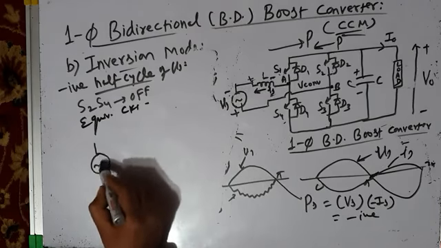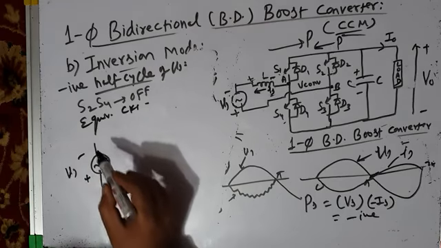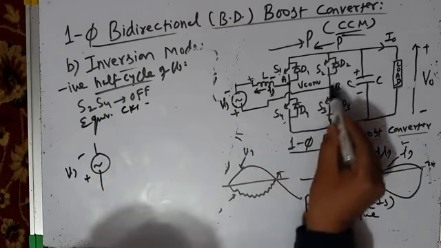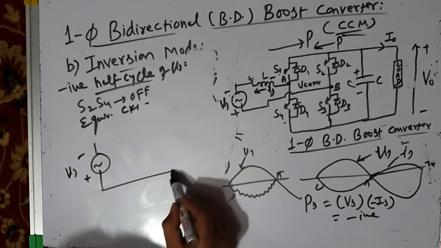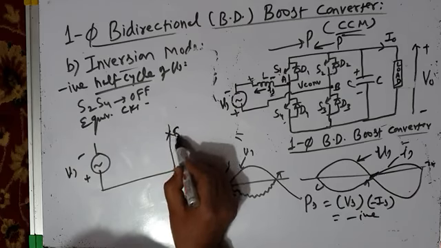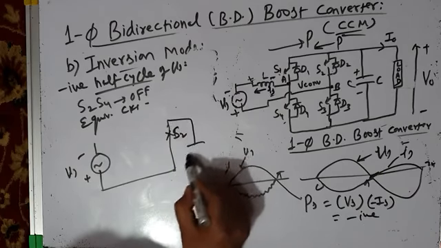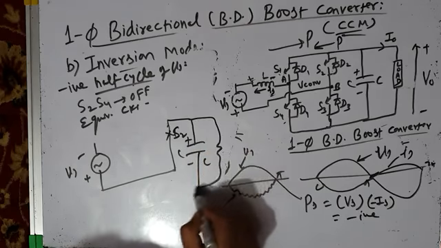Now it is the negative half cycle of the source voltage, plus minus like this. S2 is on, this S2 is on, and it is connected to the capacitor. Let me first of all draw, then I will explain.